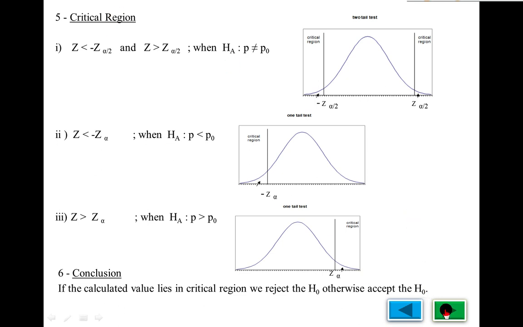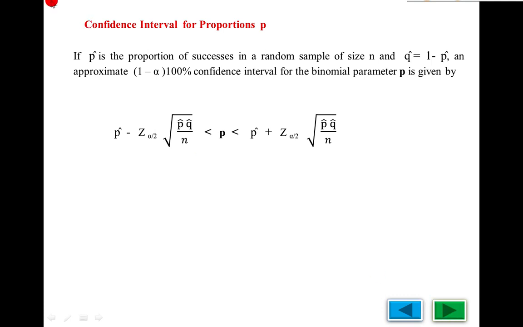Now the confidence interval, same condition as the testing of hypothesis, confidence interval for proportion P. So instead of mu we will write P, instead of x bar we will write P hat or P cap, minus z alpha upon 2 times the square root of P cap Q cap upon n, same on the right hand side with a plus sign.